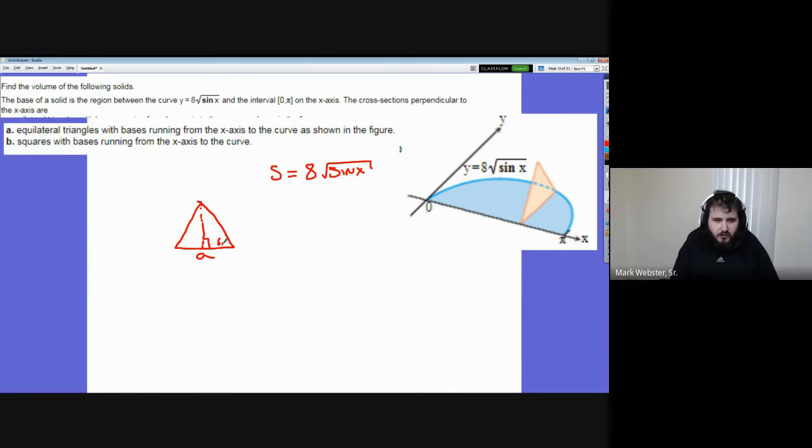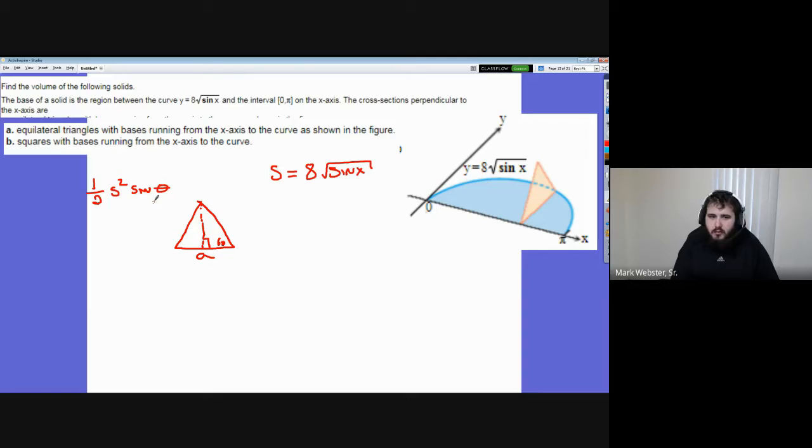Because this is 60 degrees. We can do a 30, 60, 90 triangle. Cut this in half. Or you could use the formula for the area of a triangle, like using trig, 1/2 side squared sine theta, and theta is 60.